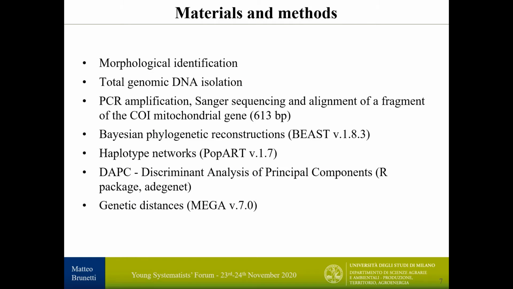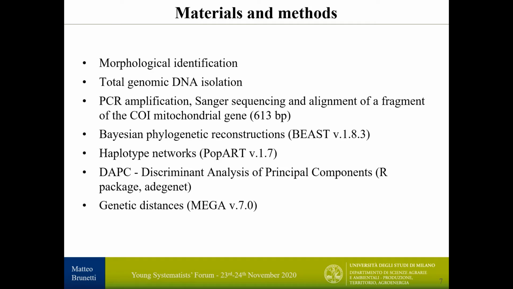All the collected individuals were morphologically identified as belonging to the species Psylliodes chalcomera. Then the total genomic DNA was isolated and a fragment of the CO1 mitochondrial gene was amplified.